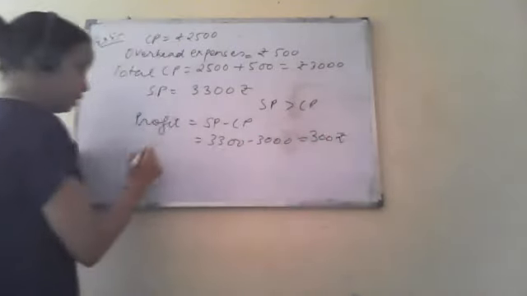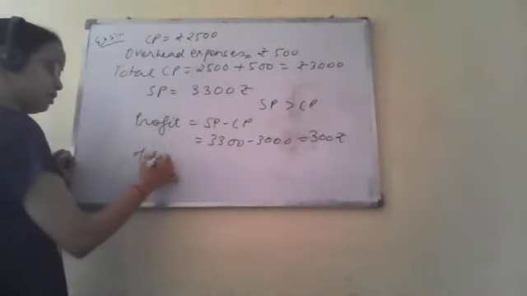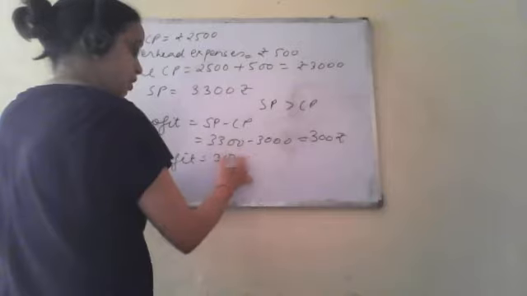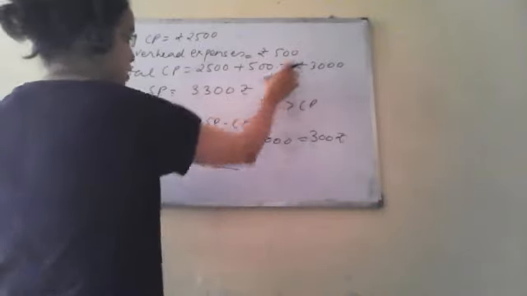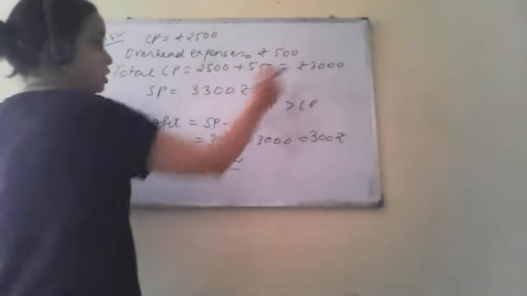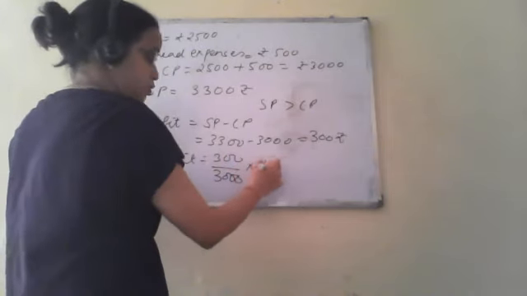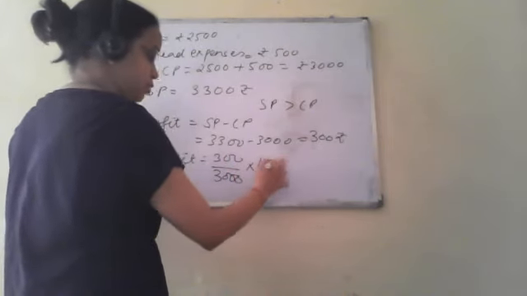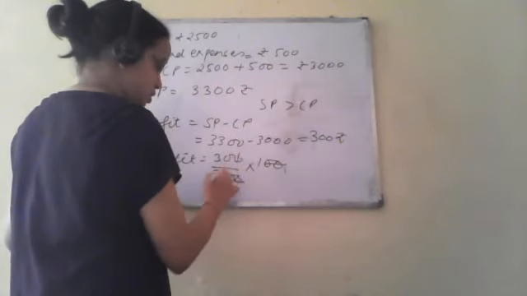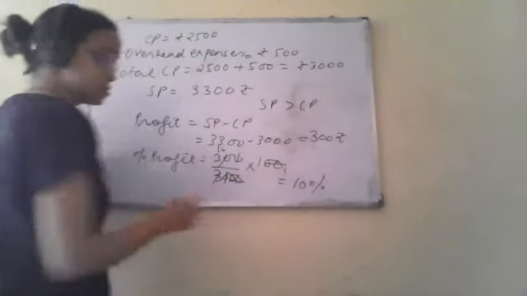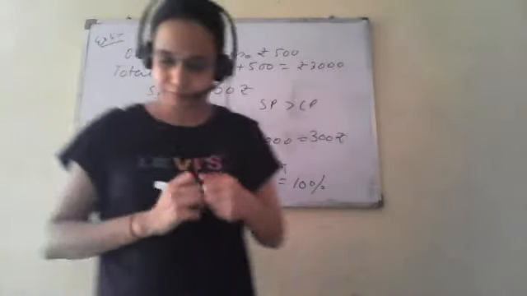And for percent profit, it will be profit, that is rupees 300, upon cost price, 3000, into 100. So profit percent is 10%.